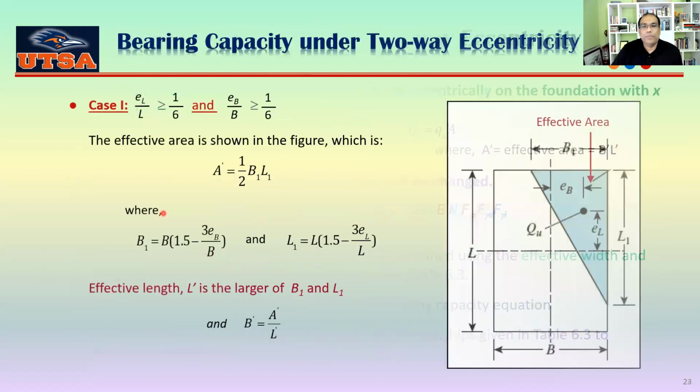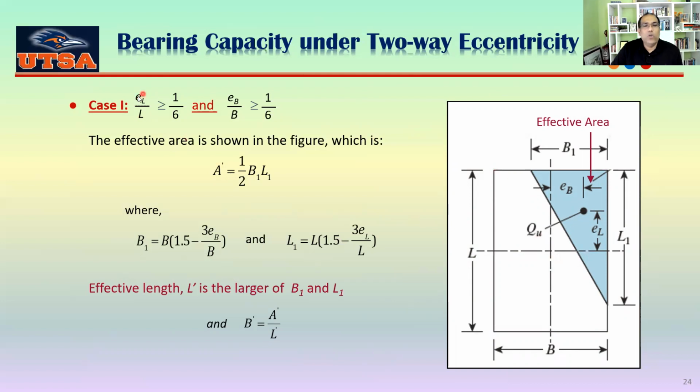When we find out L prime and B prime, it's not that difficult. To find them, we have to consider several cases based on your eL/L and eB/B, whether each is less than or equal to 1/6 or bigger than 1/6. When eL/L equals 1/6 and eB/B equals 1/6, both of them, this line will just go through here.